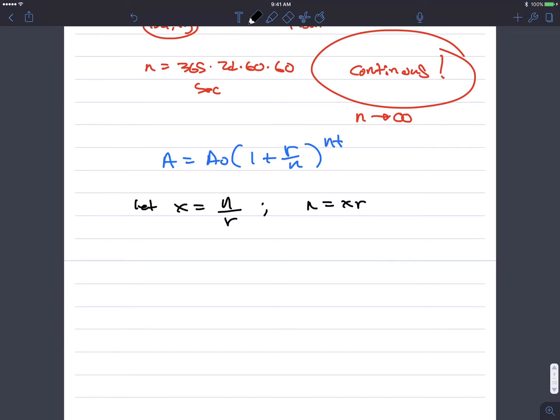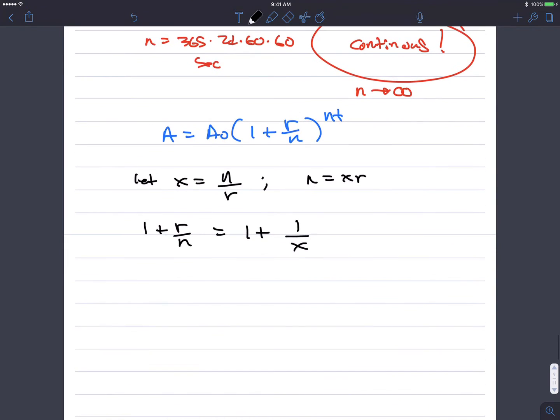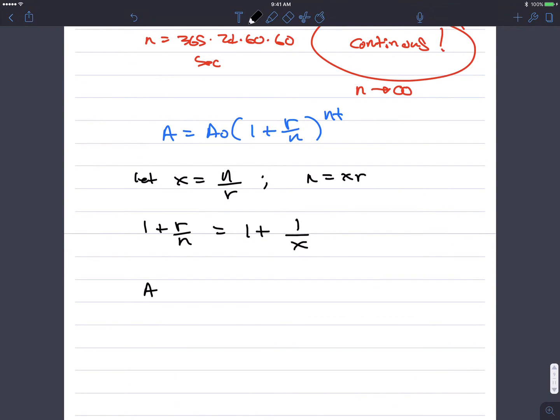And then I'm going to say, pay attention to this ratio here. This is 1 over X. So my formula becomes A is A naught (1 plus 1 over X), and here, what is N?